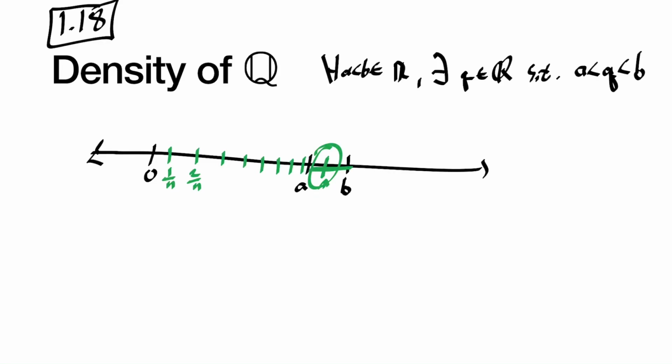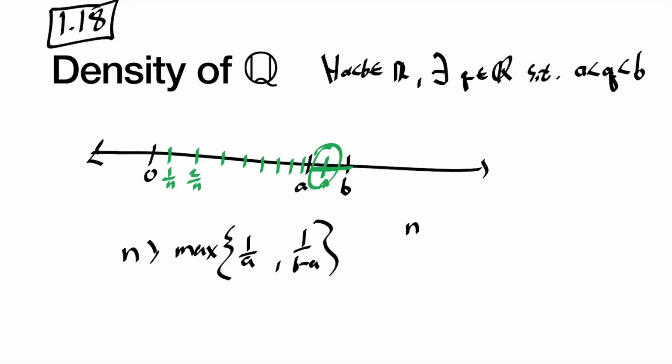Well, the answer is I have to look at two numbers, and I choose n so that it's greater than the maximum of 1 over a and 1 over b minus a. Why would I do this? So notice this is really telling me two things.